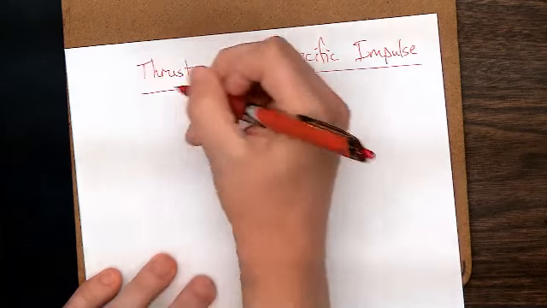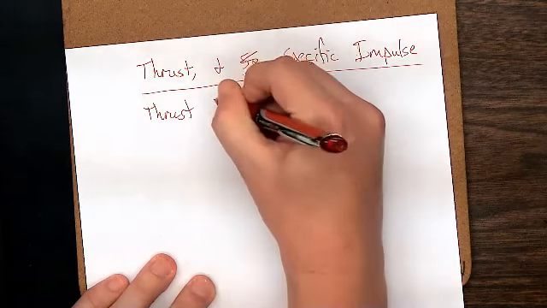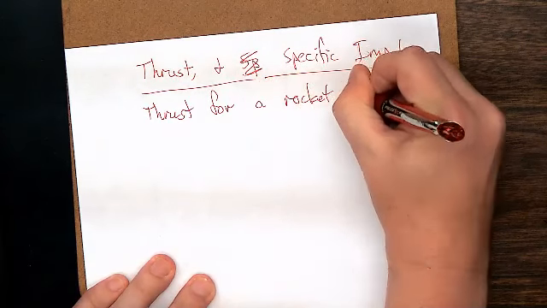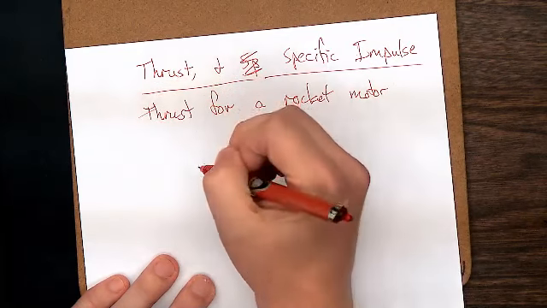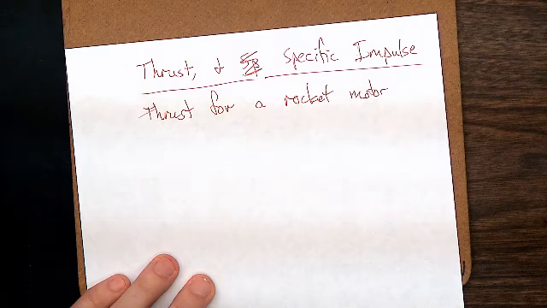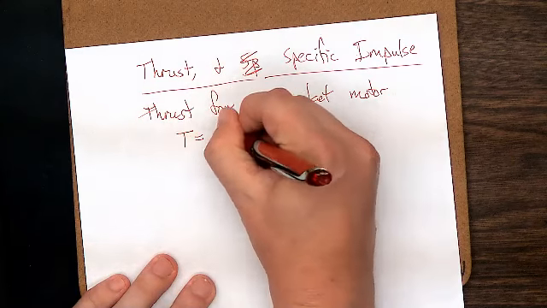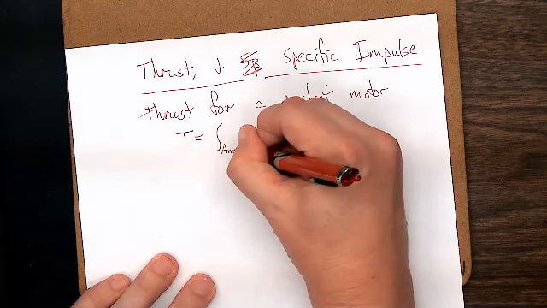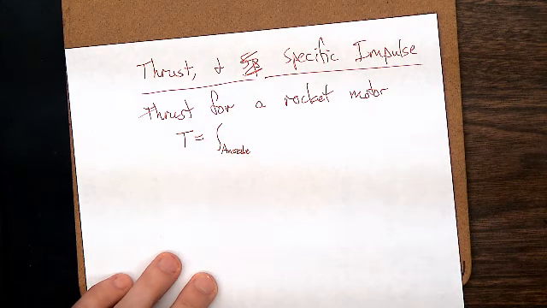Okay, so the thrust for a rocket motor is obtained by integrating the momentum flux over the nozzle area. So we have thrust is equal to the integral of the area of the nozzle, and this would be like a traditional chemical or thermal device.